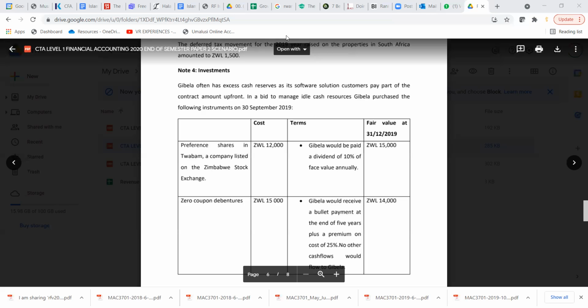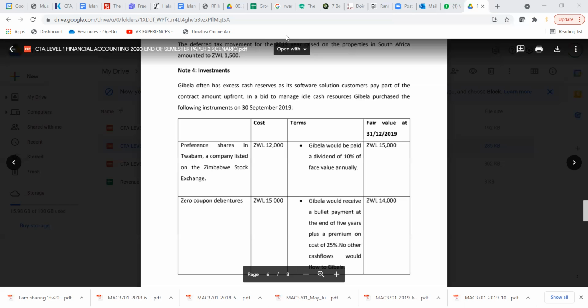Okay, so that is a choice for a company, and that is only when they have an investment in shares. Then the second one is where the business model is to collect contractual cash flows and to sell the asset. Okay, so when the objective of the business model is to collect contractual cash flows and to sell, then it will be fair value through OCI.